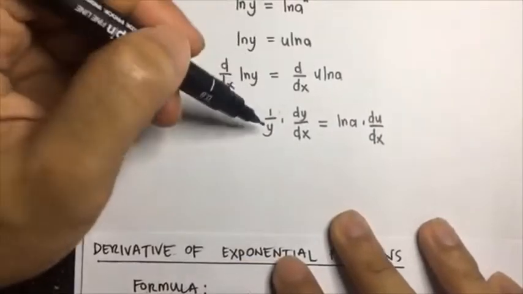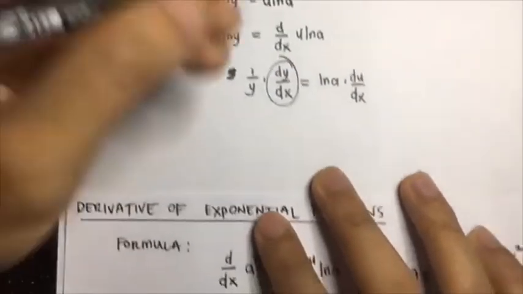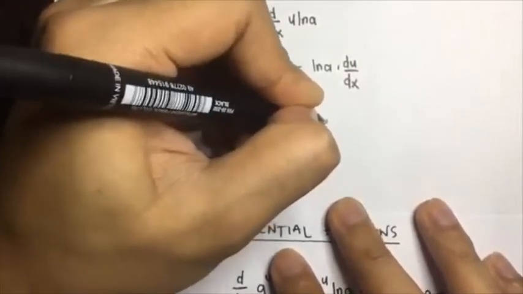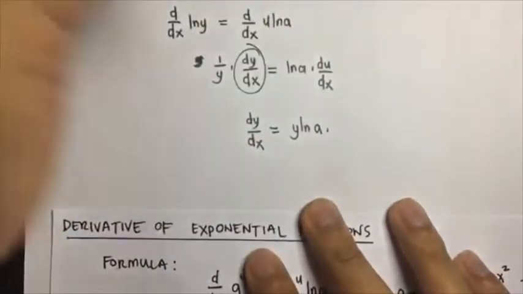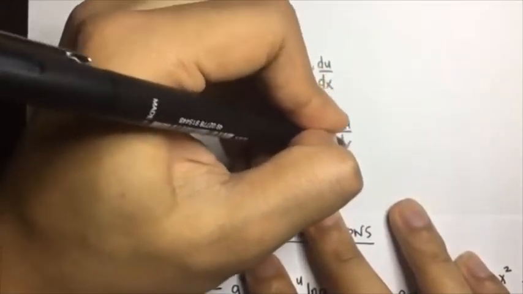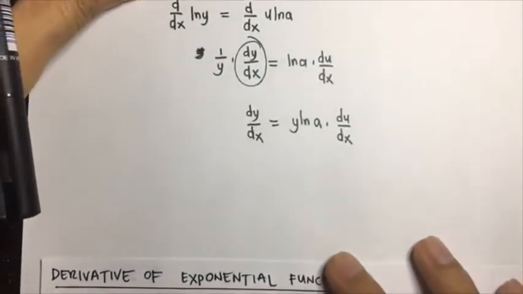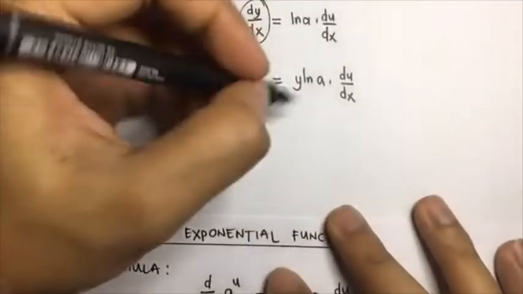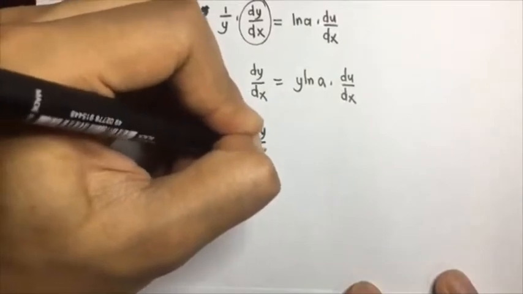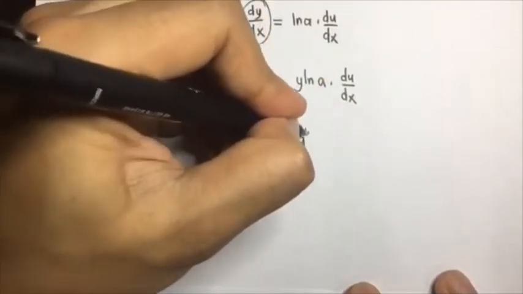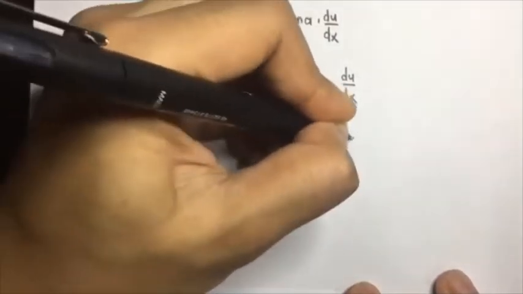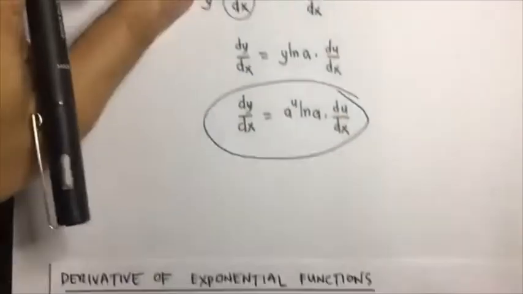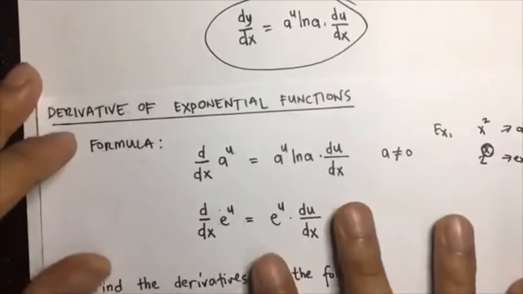Okay, since we are looking only for dy over dx, therefore dy over dx is equal to y ln of a times du over dx. But since y is equal to a raised to the power of u, therefore dy over dx is equal to a to the u ln of a and then du over dx. Okay, so this is the first formula.